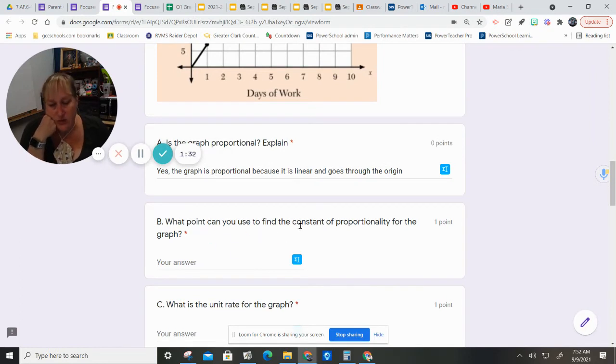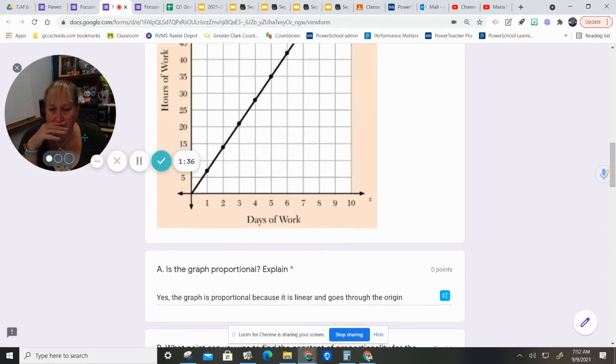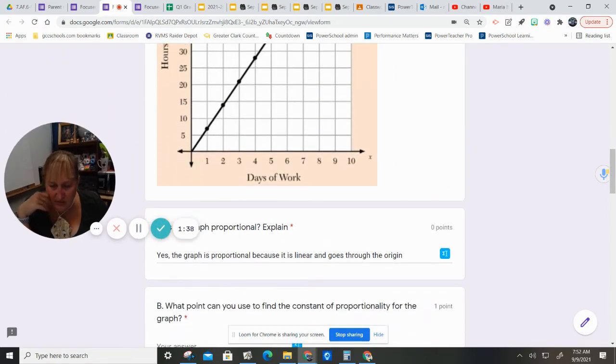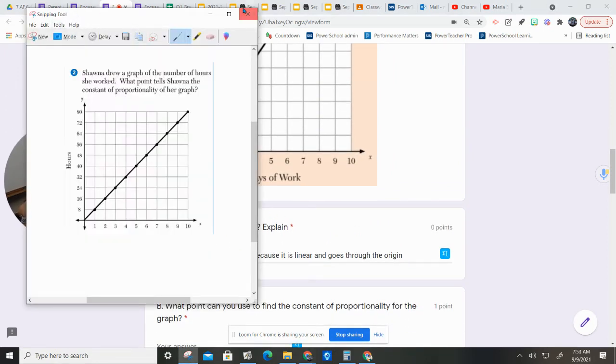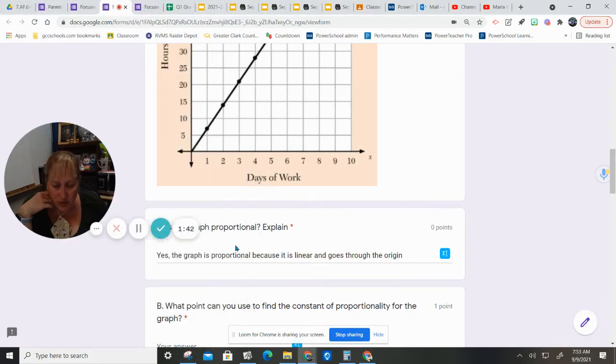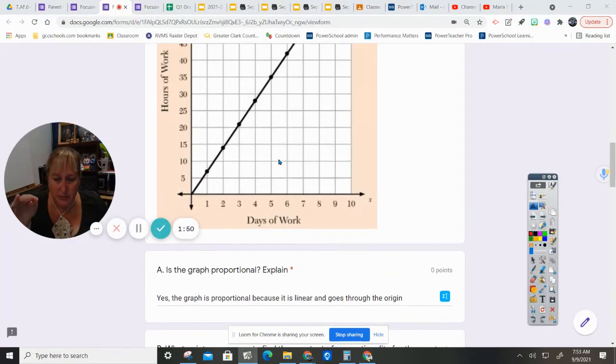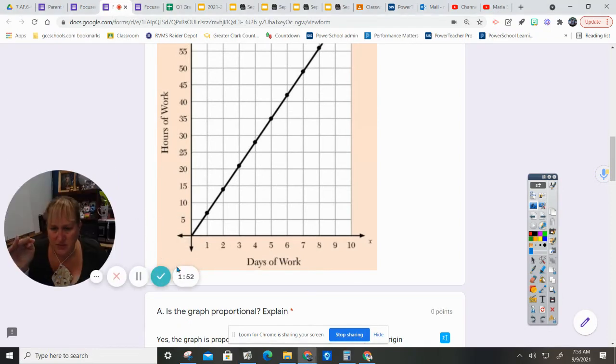What point can you use to find the constant of proportionality for the graph? So on this one, and that's what I was talking about earlier, the problem is that the points are not easy to see. They do not match up well, if that makes sense.